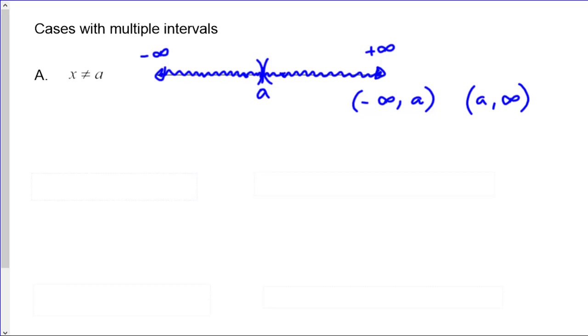Now, anytime you have two sets of numbers that you want to join together, you use this symbol here, which represents union. So union of two sets means to take all the values in the first set and combine them with the values in the second set. I've seen students want to put a comma in between, and I understand what you're trying to represent there, but the correct answer to join two sets together is to use a union symbol.